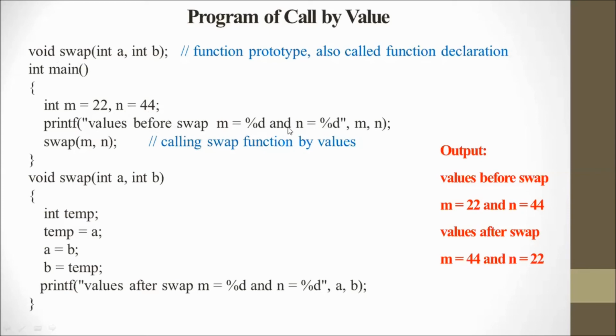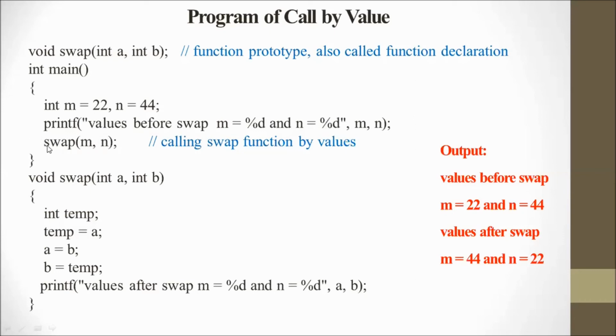Then we call swap(m, n) inside the main function, calling the swap function by value. By value means we assign the values 22 to m and 44 to n, and we pass these two values to the swap function.